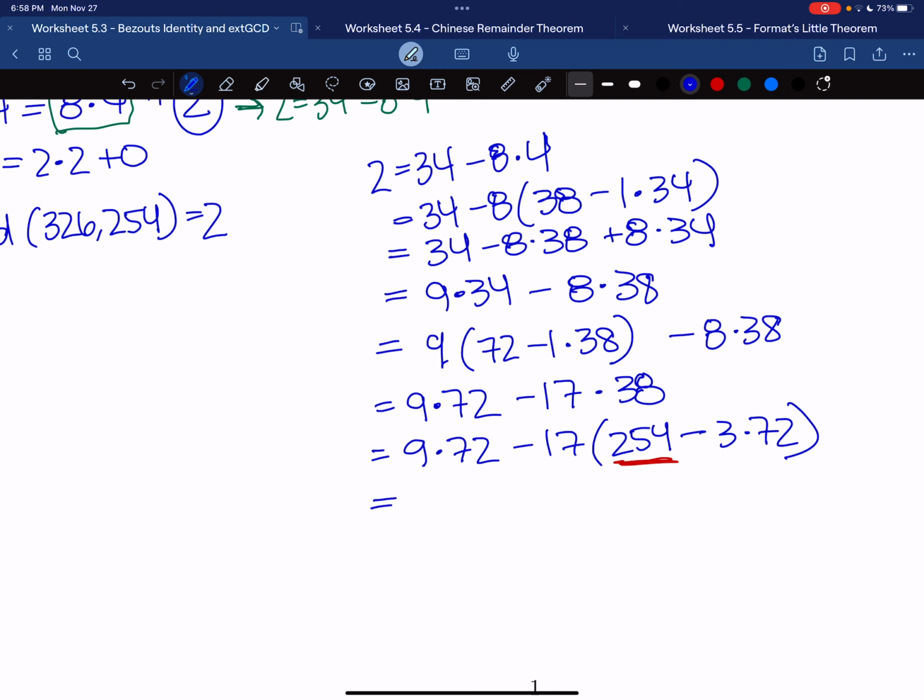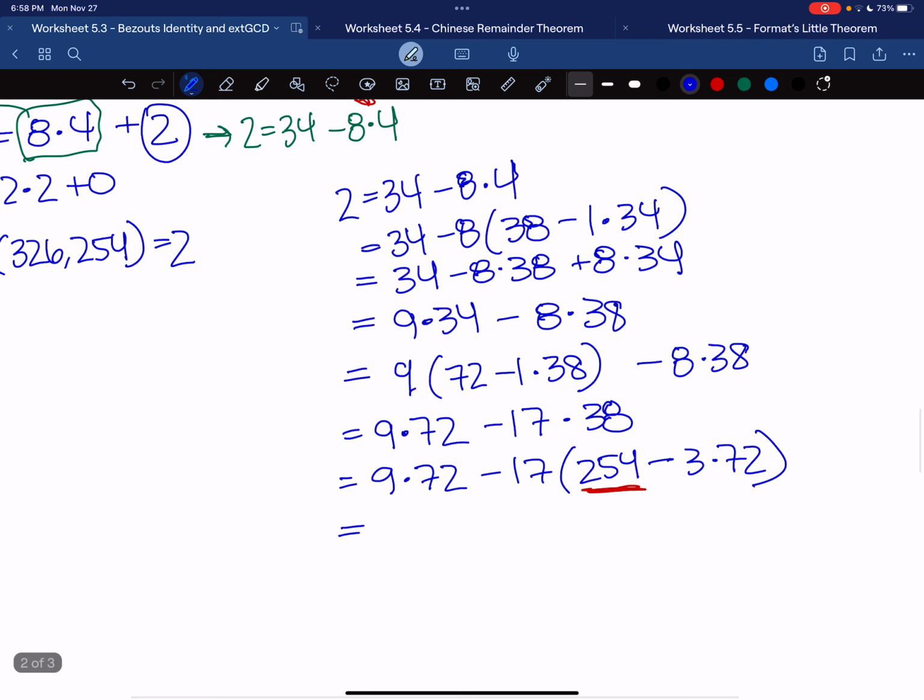So we can go ahead and say, okay, well, that's 9 times 72. I'm going to write it all out. Minus 17 times 254 plus whatever 3 times 17 is, 30 plus 21, 51 times 72.